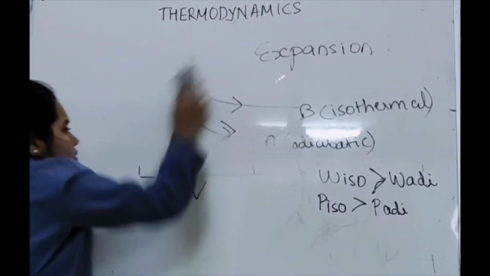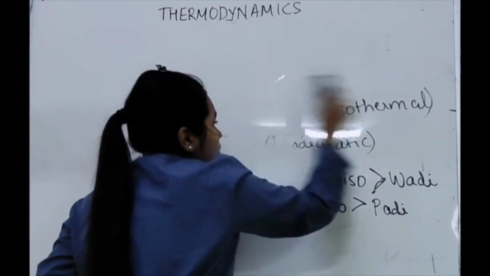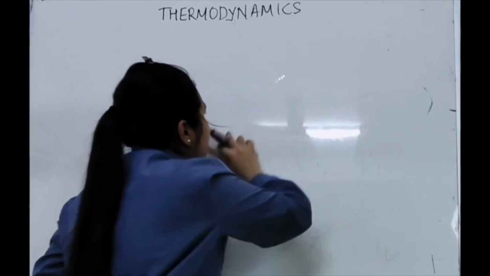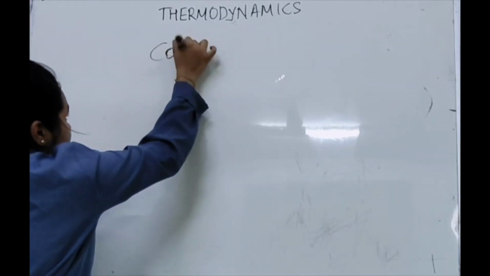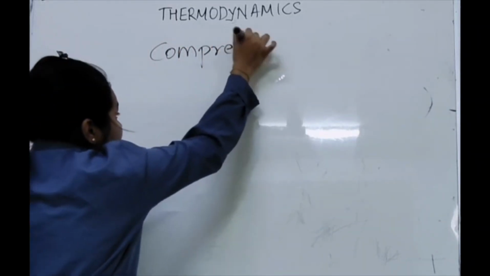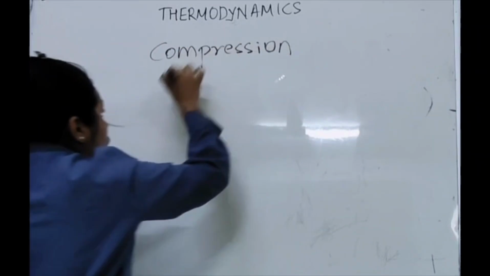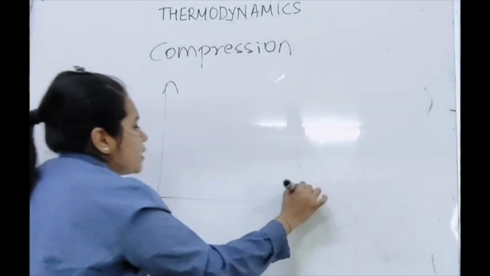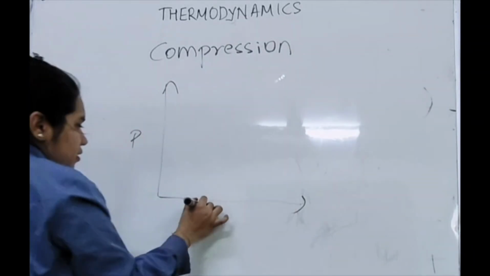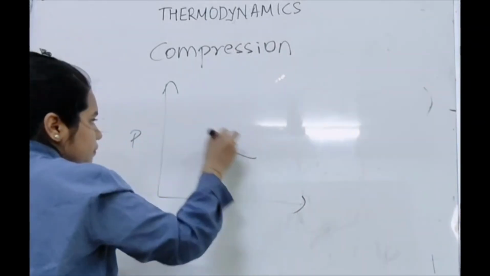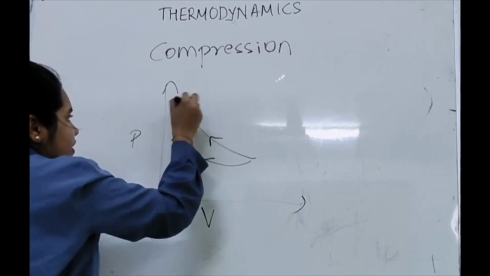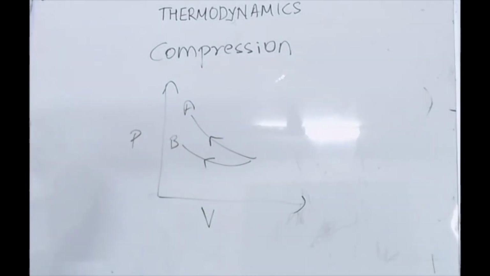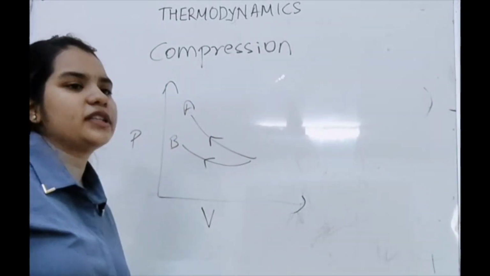Next, let's do compression. Just see the arrows, whether the volume is increasing or decreasing. Pressure, volume. So which is adiabatic and which is isothermal, and where is the work done more?